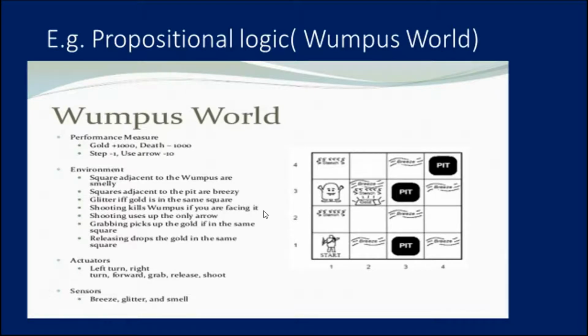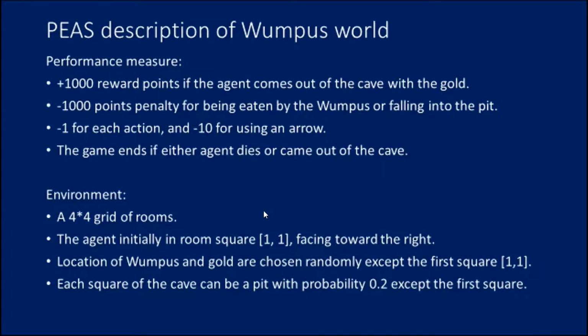So by using propositional logic, how can the agent take the gold with this many hurdles in the path? Here is the PEAS description of the Wumpus world. Before going deeper into this problem, we want to know the performance measure, environment, actuators and sensors.